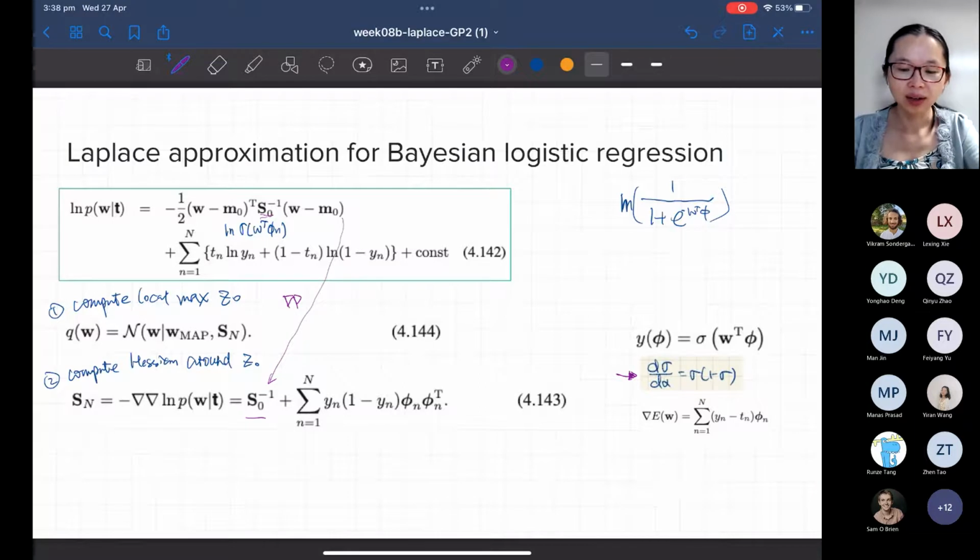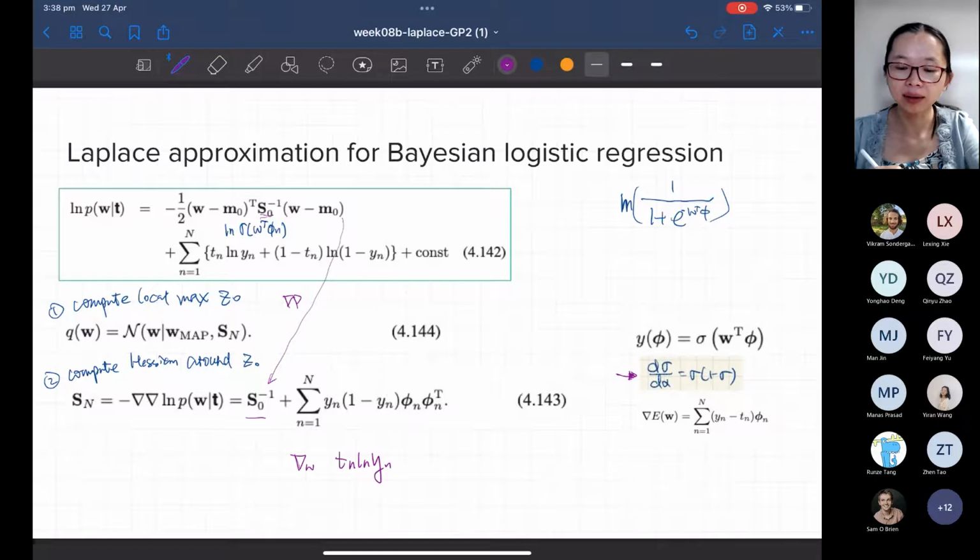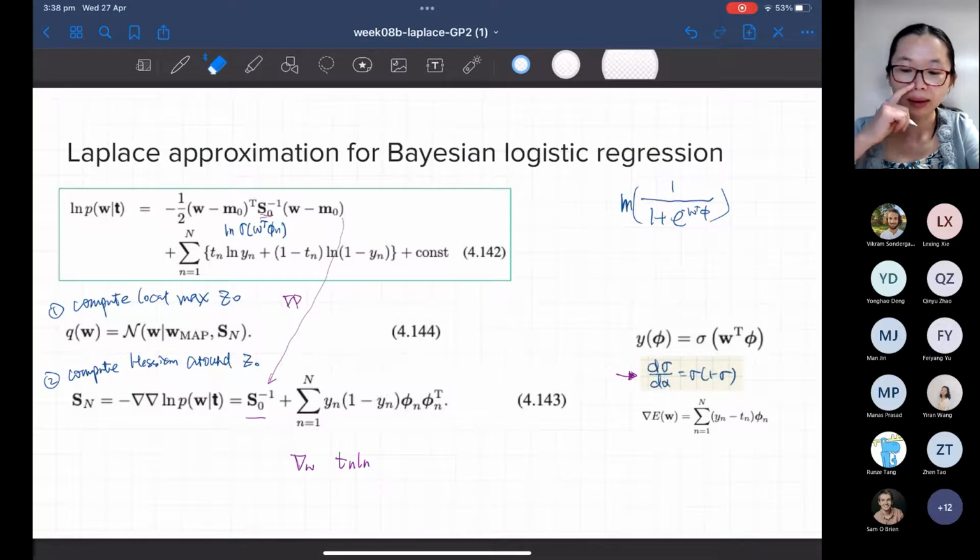Again, the Tn's are constants. And you will say, okay, we are differentiating with respect to W. For example, Tn log of Yn, and the W is hidden inside the Yn, right? So we should replace it.